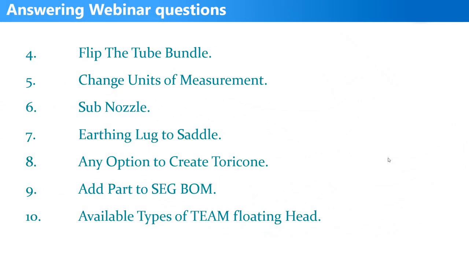In the second video we discuss how to flip the tube bundle, how to change the units of measurement in the drawing and in Inventor and SEG, how to create a sub-nozzle, how to add an earthing lug to a saddle, and how to add a cone, the different types of cone, how to add a new part in the SEG bill of material manually, and the available types of TEMA floating head.